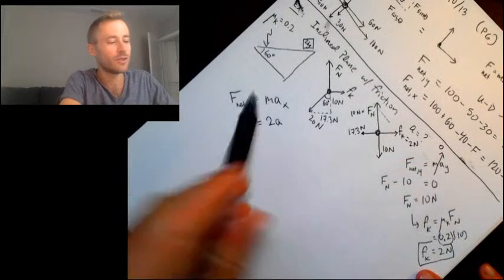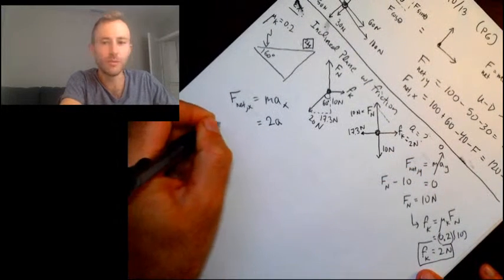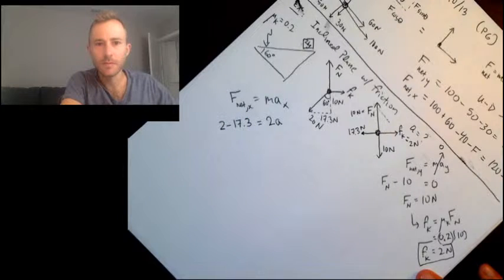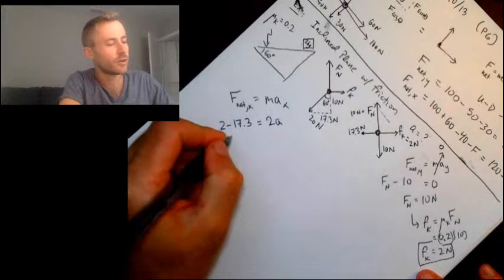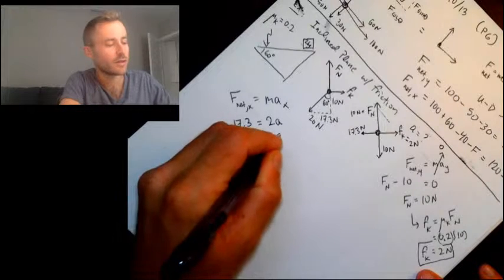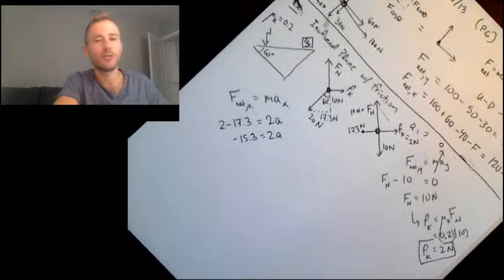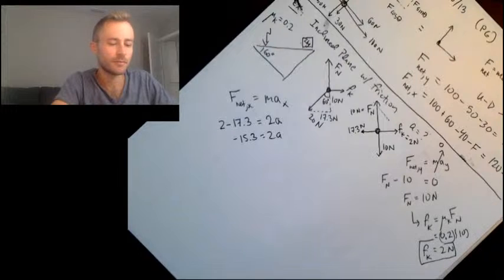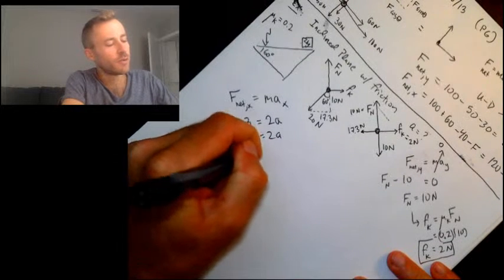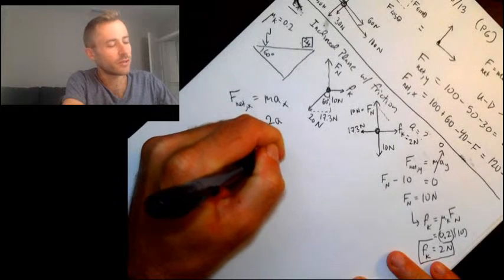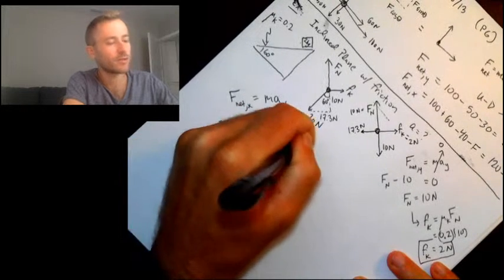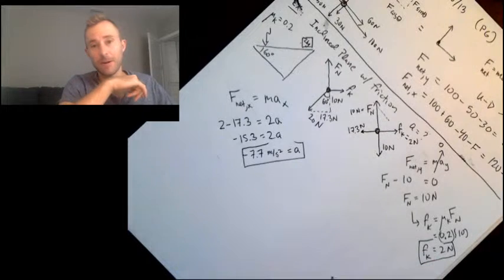So the net force in the x direction is 2 minus 17.3, which is minus 15.3, divided by 2. Negative 7.7 meters per second squared is the acceleration. So that's our answer to the problem.